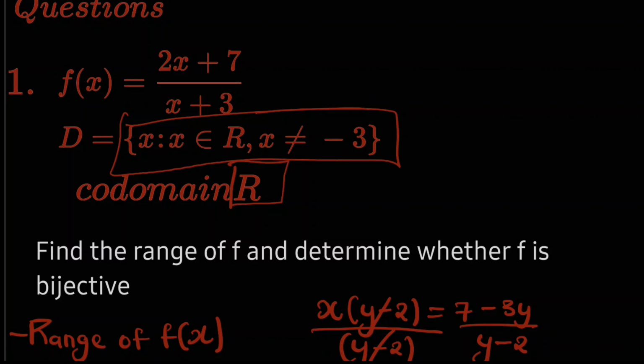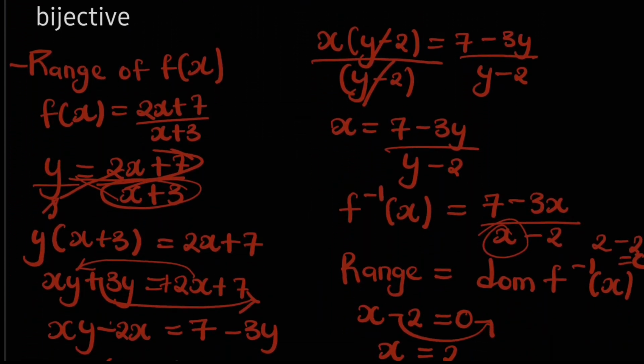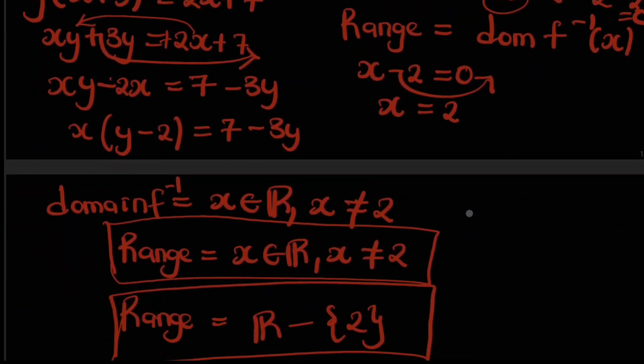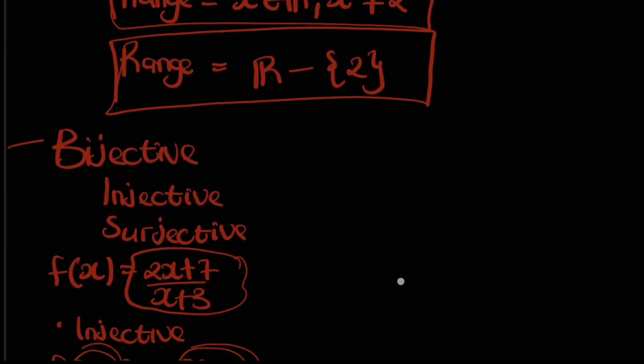And so remember I said the codomain should be equal to the range. So we know that our codomain is a set of real numbers. Now we need to know the range. But first, the range, we're told to find the range in the question. We said our range is x should not be equal to 2.